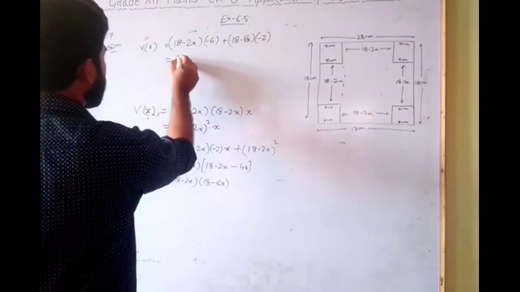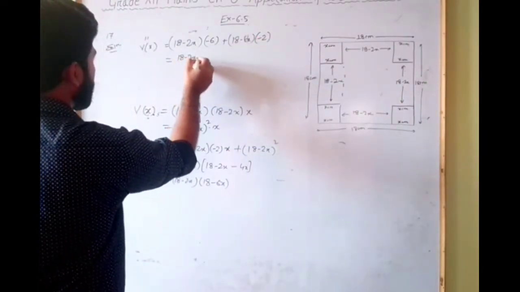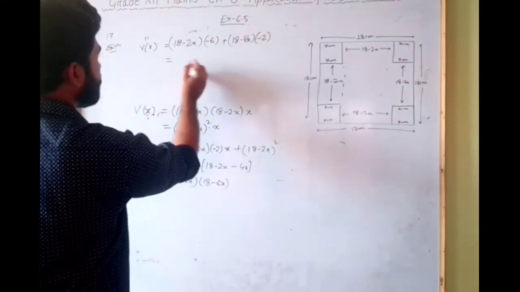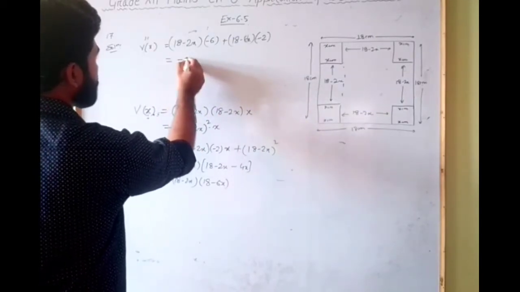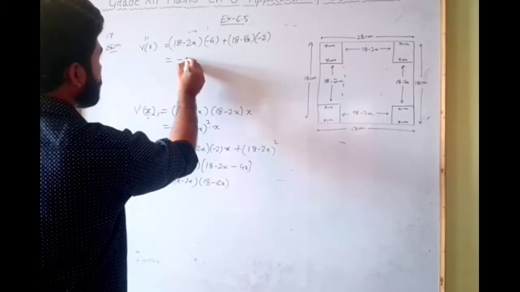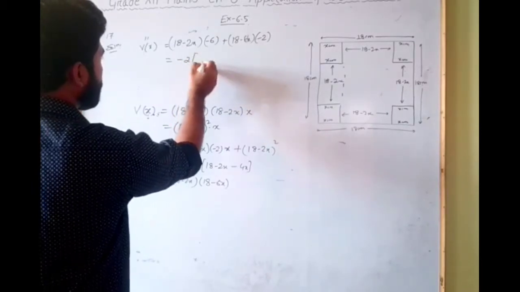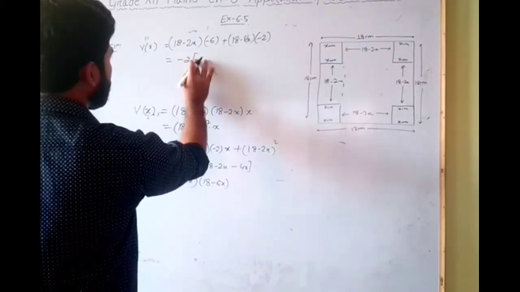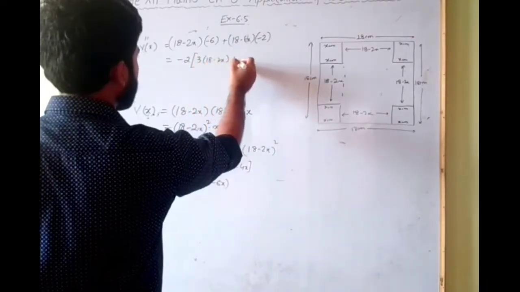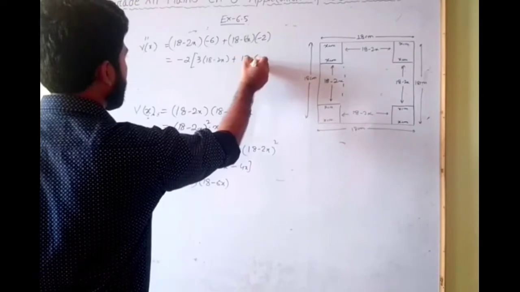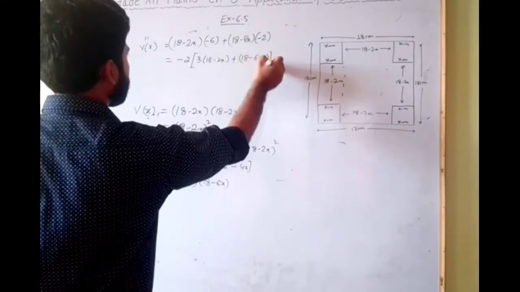So this will give us, you can take minus 2 common, so it will be minus 2 into 3 into 18 minus 2x plus 18 minus 6x.